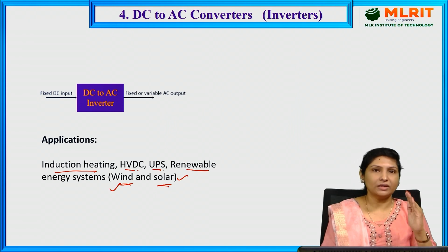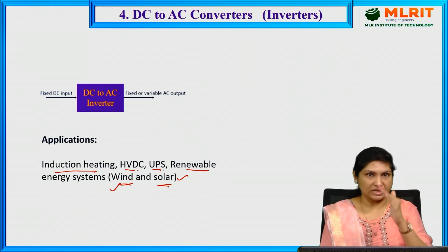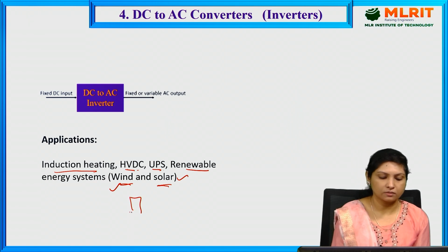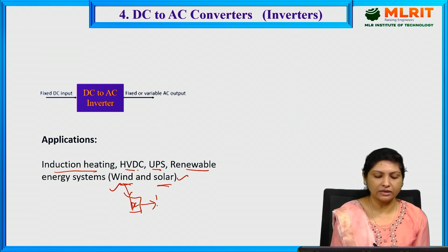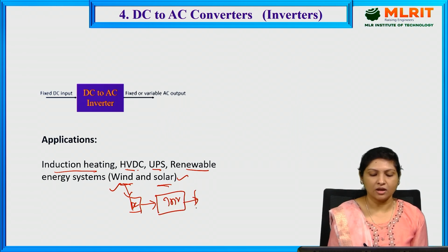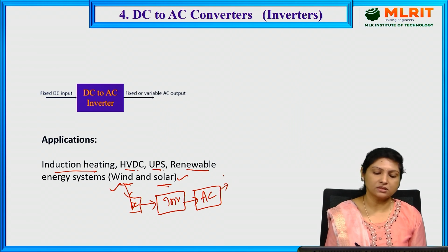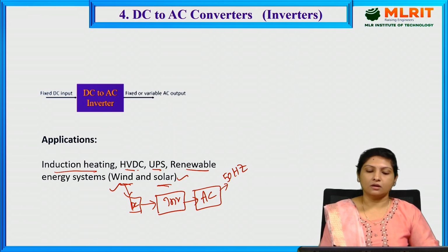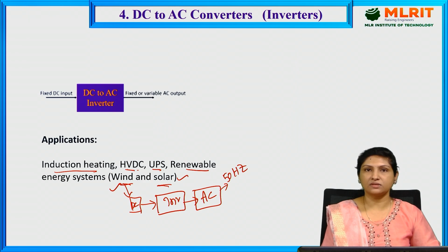So we need to convert that output to DC, and then we need an inverter which converts DC to AC at a required frequency, so-called 50 Hz, and then utilize that AC of 50 Hz because the Indian standard frequency is 50.